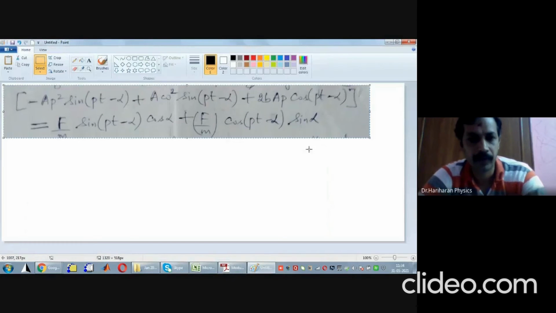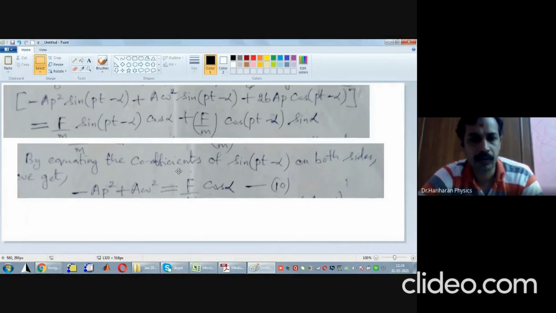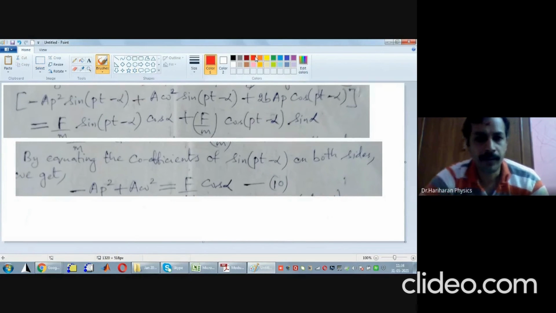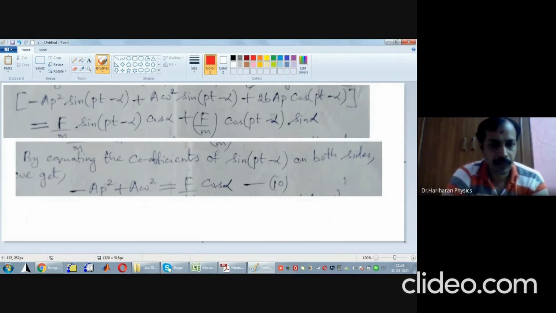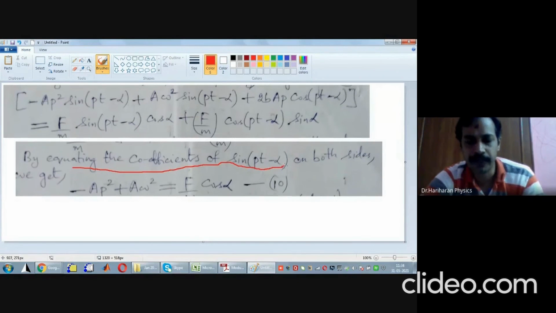Okay, look here, what does this mean? By equating the coefficient of sine of pt minus alpha on both sides in the above equation, what do you get?